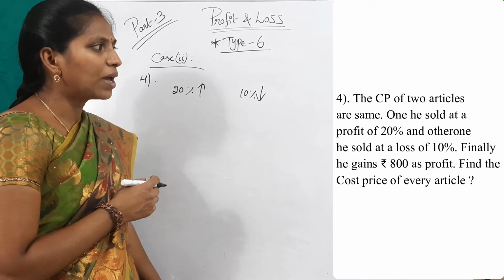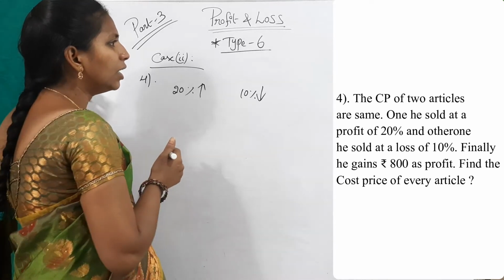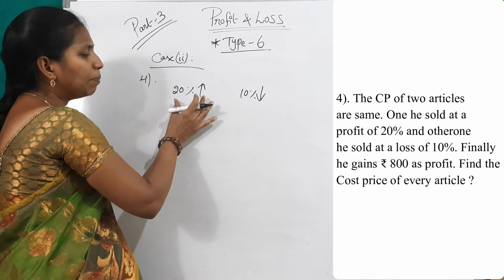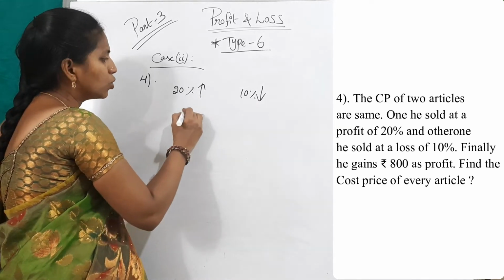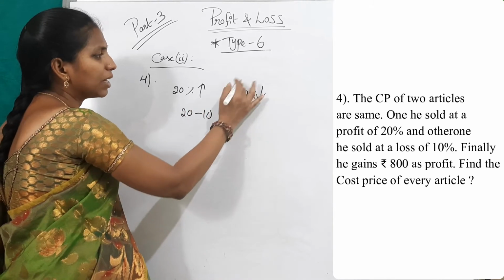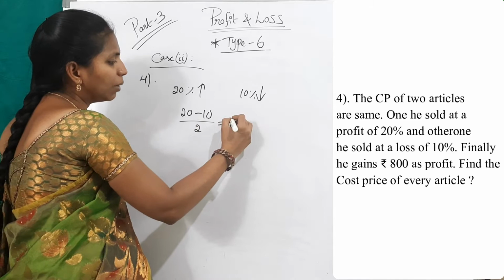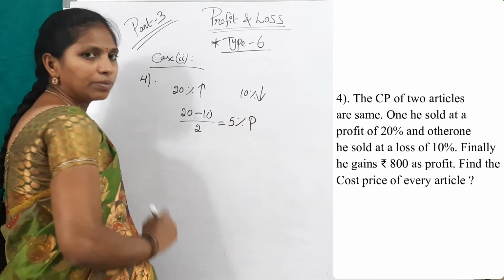Find the cost price of every article. See here, the cost price of 2 articles is the same and the percentages are different. Then take the average. So 20 minus 10, because this is a loss, by 2, equals 10 by 2, which means 5% profit.